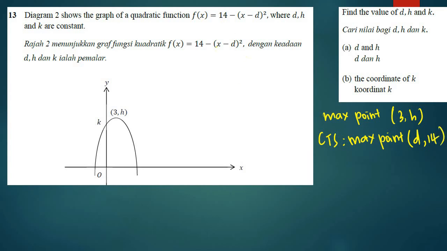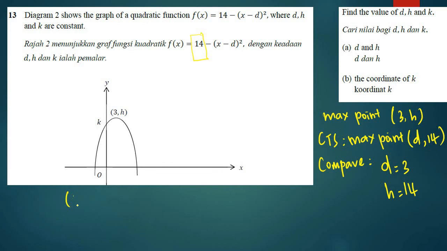How to get d? x minus d equals to 0, so your x is d. This one is the maximum value, 14. So now we compare: d equals to 3 and h equals to 14.